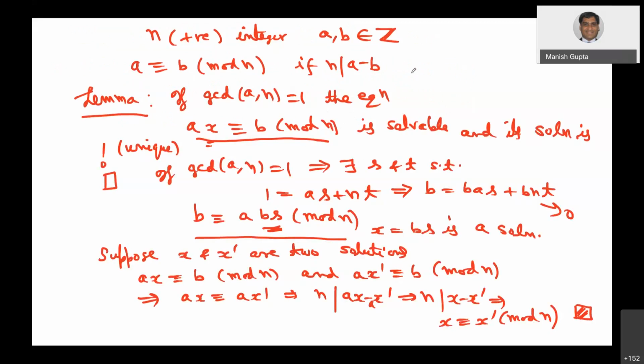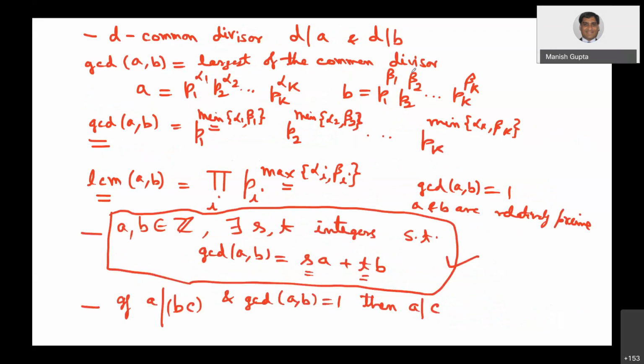Sir, in this slide, the last line, ax minus ax dash. So what happened to that a? Because GCD of a and n is 1, right? Remember, I have used the previous result here: if a divides the product of two numbers and GCD of a and b is 1, then a divides c, right?